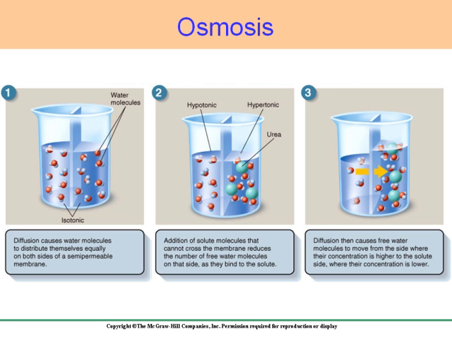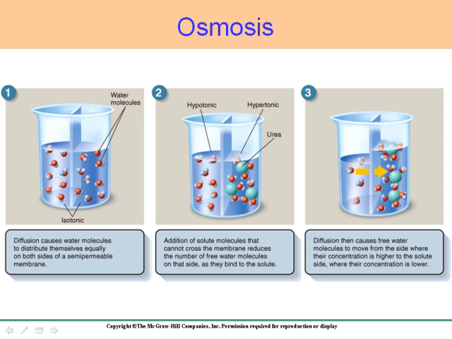In this particular case, we have on the left-hand side the hypotonic solution because it has less solutes. It just has water. In contrast, on the right-hand side of the beaker, we have the hypertonic solution because it has higher solutes, with urea being the solutes.